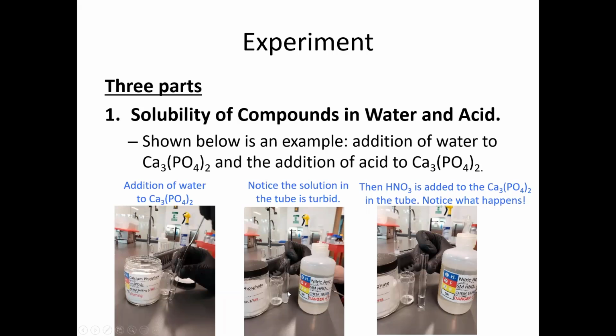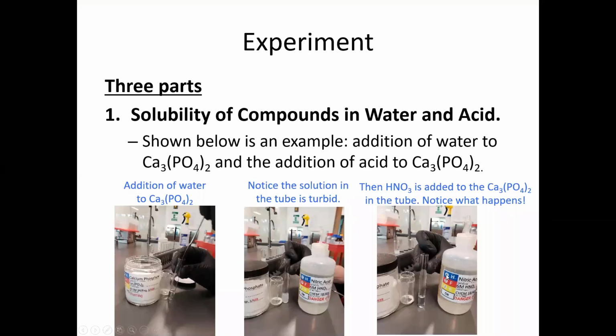After I shake it, you can see the solution in the test tube is turbid, right? It's a white, cloudy suspension in there. That means the calcium phosphate is not dissolved in water. That's the first step, to test the solubility of this compound in water.